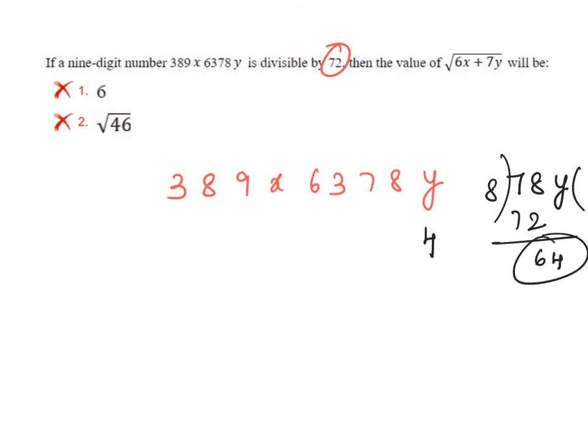Now apply the divisibility rule of 9. Wherever the sum is 9, you can cancel it. 9 you can cancel, 6 plus 3 is 9 you can cancel, 15 plus 3 is 18 you can cancel, 8 plus 1. So 3 is left out, so x value must be 6. So x is 6, y is 4.